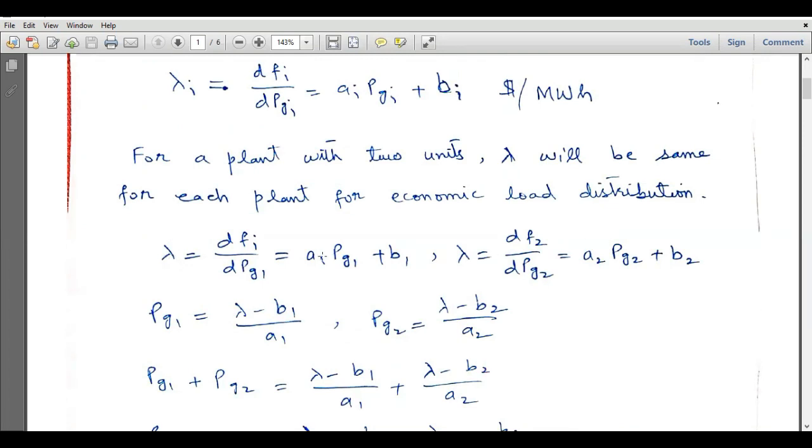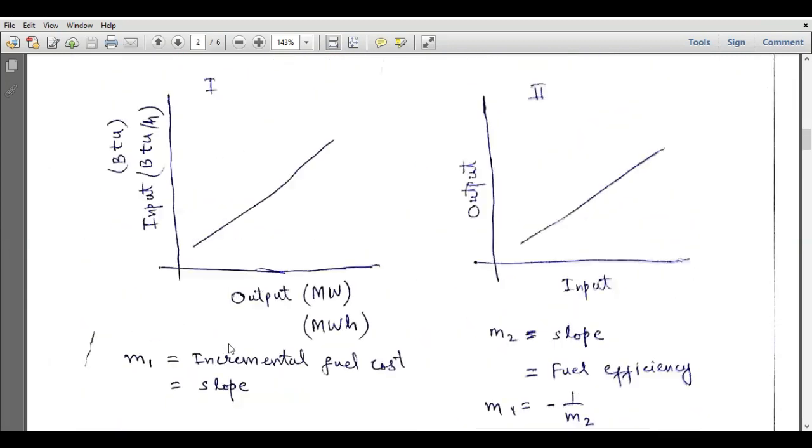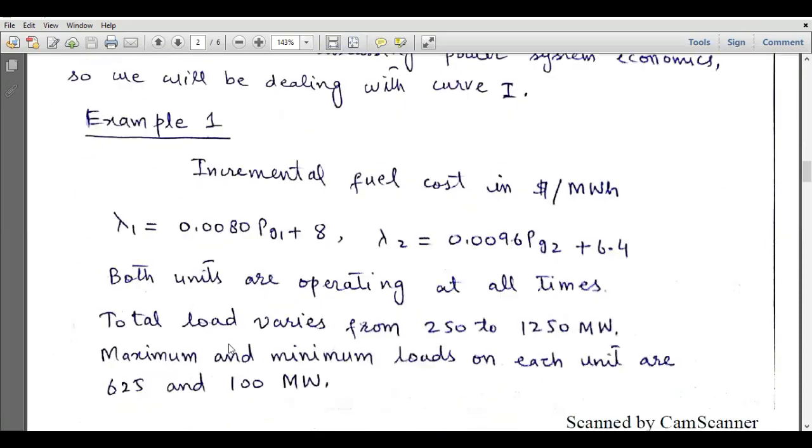There we had lambda equal to a1 PG1 plus b1. Now we have lambda equal to at PGt plus bt, where at is equal to this term and bt is equal to this whole term, which is at times this summation. This is a very important formulation which we will use extensively while solving fuel cost problems.